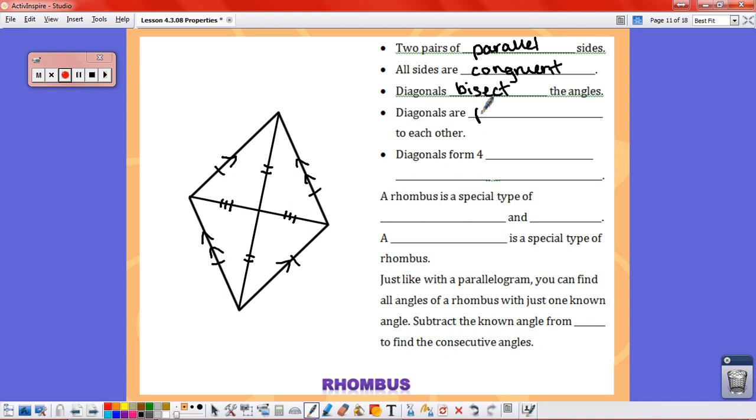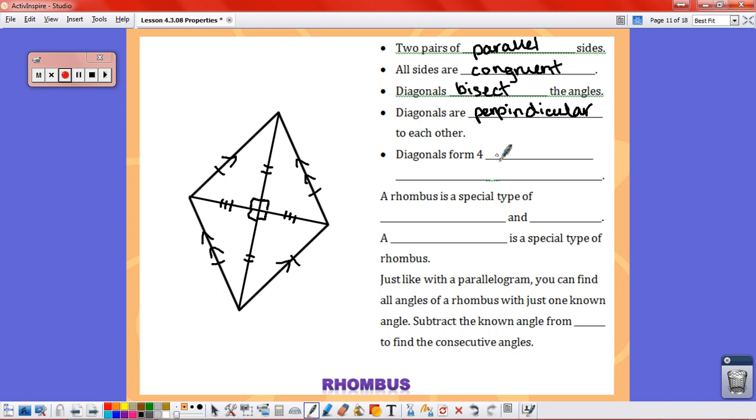Diagonals are perpendicular to each other because a rhombus is a special type of kite. And a kite has perpendicular diagonals.